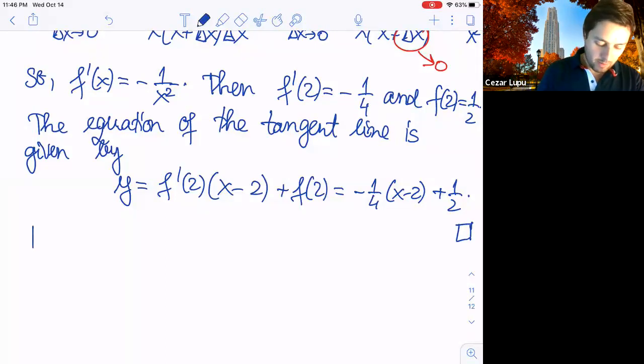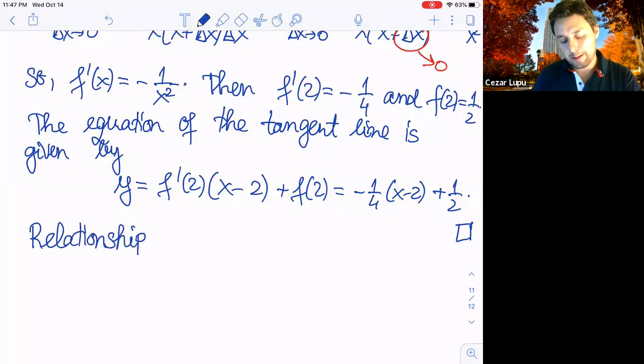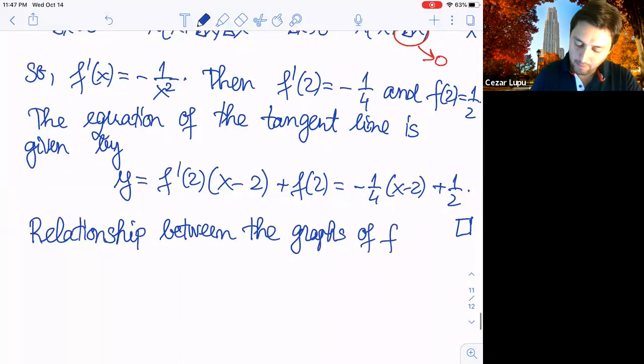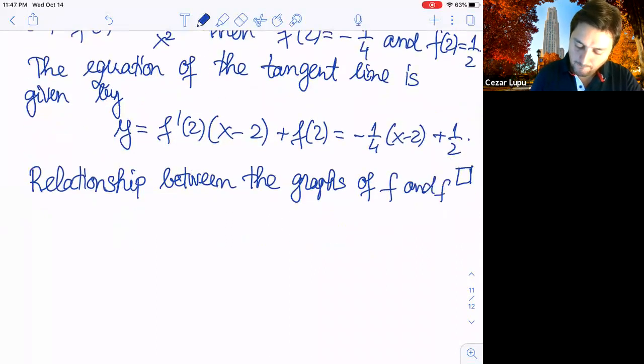So now let me talk about the relationship between the graphs of f and f prime.